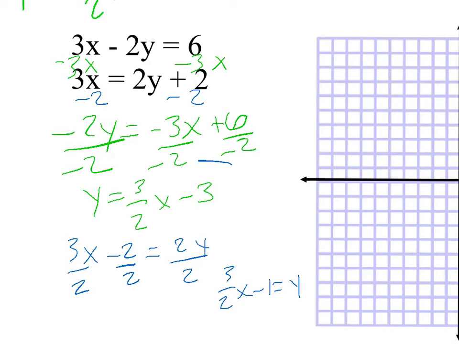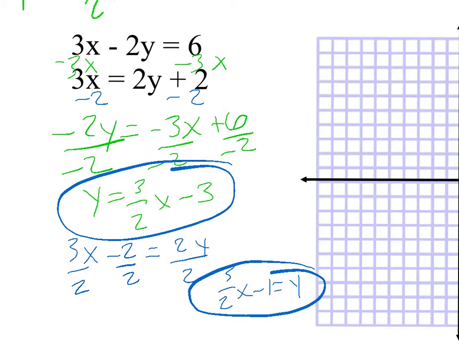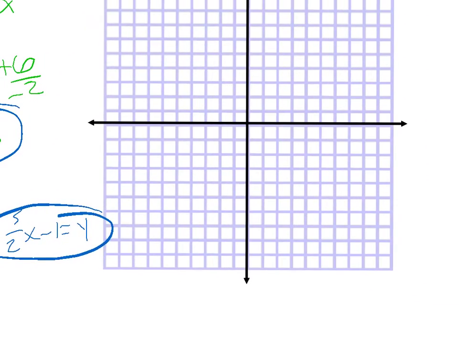So now let's look at these. We have y equals 3 halves x minus 3 and y equals 3 halves x minus 1. So if I do the minus 1 first, I have 3 halves x minus 1, so I've got a 1, and then I go down 3 over 2, or up 3 to the left 2. If I do that one first, this is what it looks like.